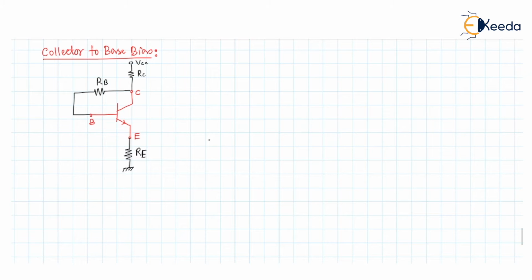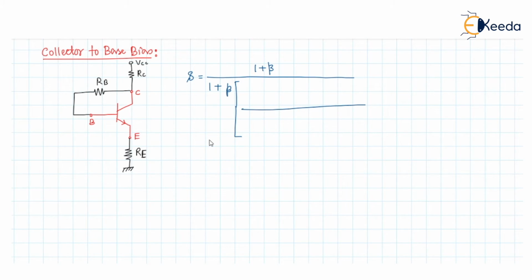In this circuit, we calculate the stability factor in a shortcut way like this. Always the stability factor of a biasing circuit can be found like this. In the numerator, it will be 1 plus beta, and there will be 1 plus beta into a ratio.